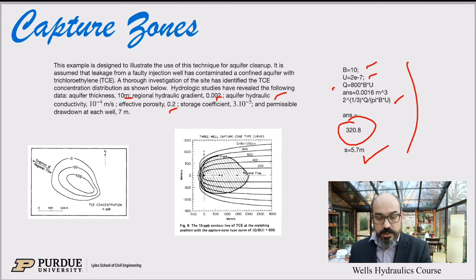But this is basically showing you that if you have a 3-well design, then you can have a drawdown that is less than the allowable drawdown. It's 5.7 meters, and 7 meters is allowed, so 5.7 is less. So when you have 3 wells, it works. If you had 2 wells or 1 well, it wouldn't work because you'd have to pump way too much down in the aquifer.